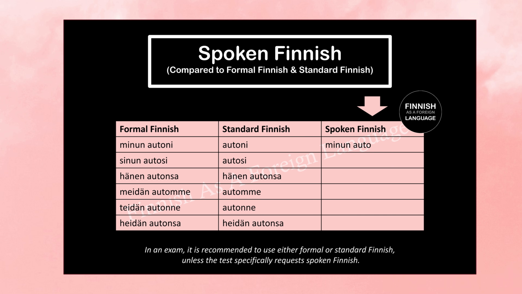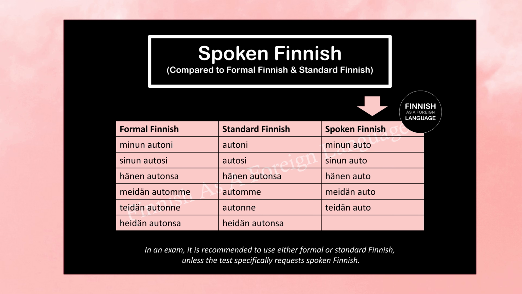Alright, now let's go quickly through all the forms. Minun autoni can be also just autoni, or we can say minun auto. Sinun autosi, autosi, sinun auto. Hänen autonsa, hänen autonsa, hänen auto. Meidän automme, automme, meidän auto. Teidän autonne, autonne, teidän auto.